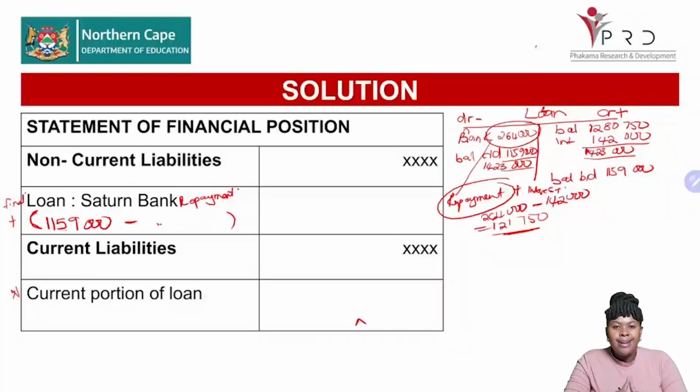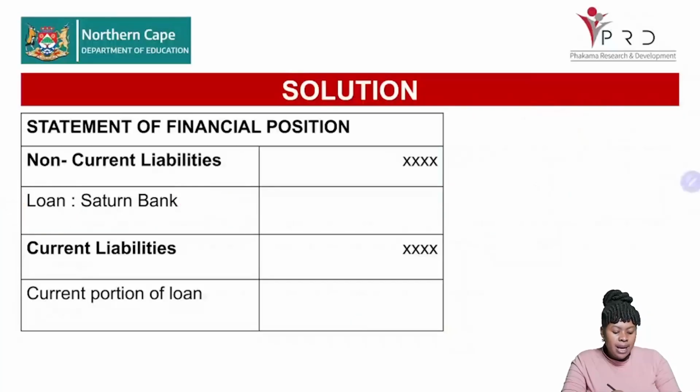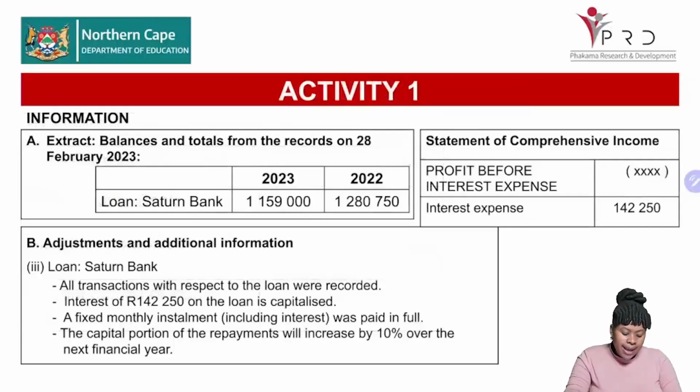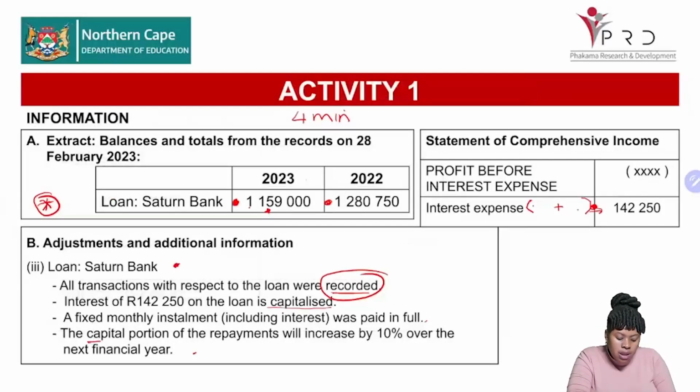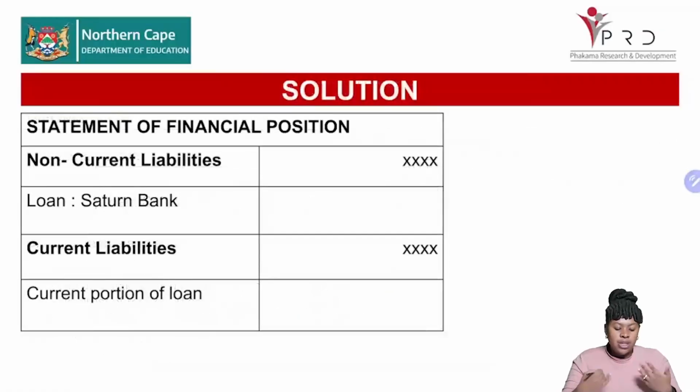Now we need to read the information provided there. What is the information saying about my repayment for the next financial year? It says that the capital portion of repayment will increase by 10% over the next financial year. And that is what we are looking for: what we are going to pay in the next financial year.